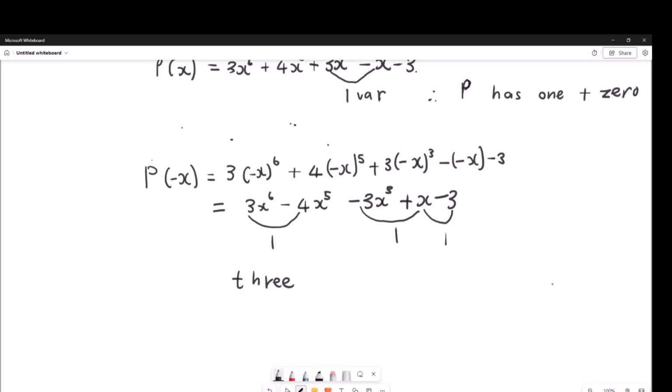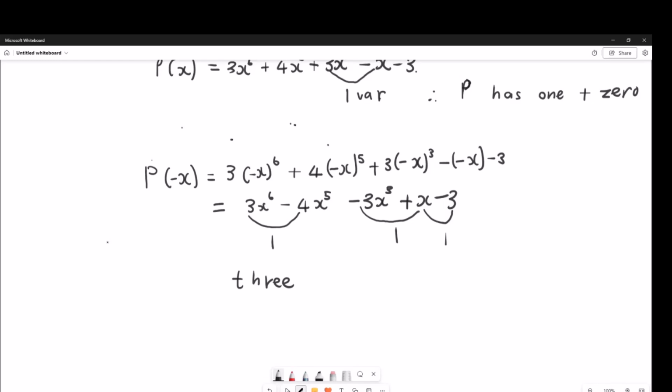Okay, guys, there's that, okay? So when we dealt with p of minus x by virtue of this rule, we looked at the number of variations. We found 3 variations. 1 plus 1 plus 1 is 3. And then Descartes' rule says it's either that or an even number less, which is 2, and 3 minus 2 is 1.